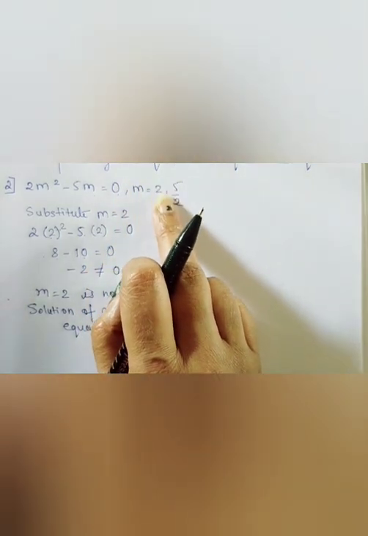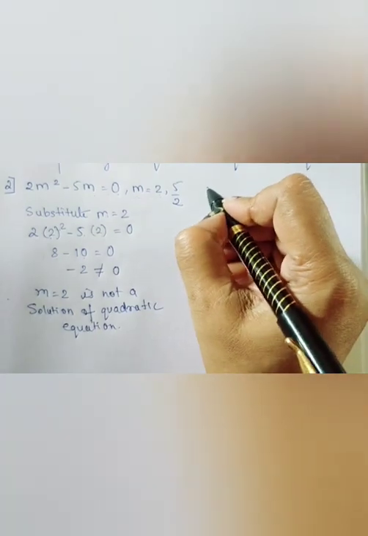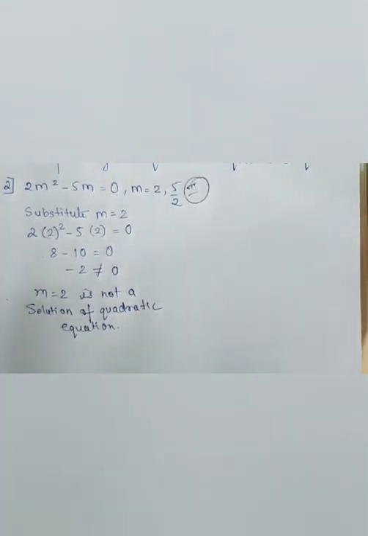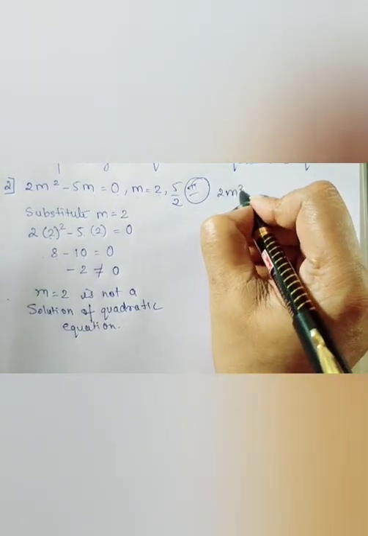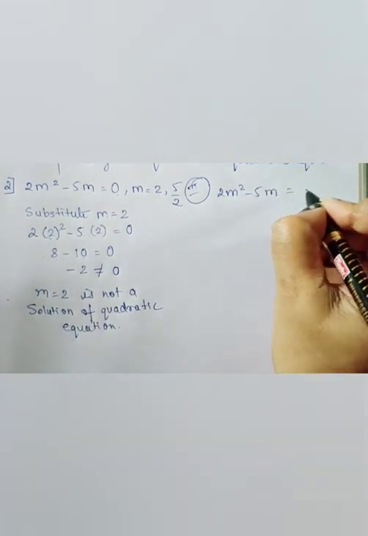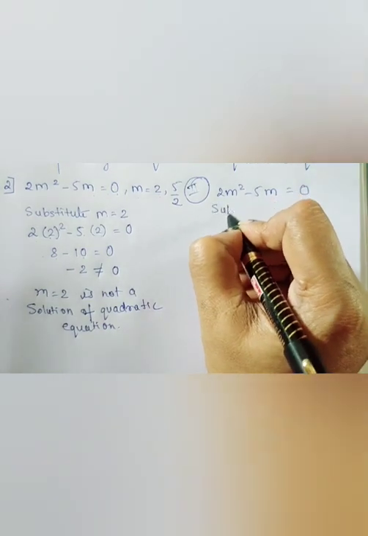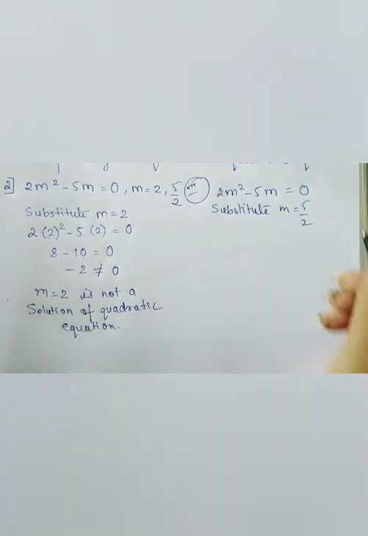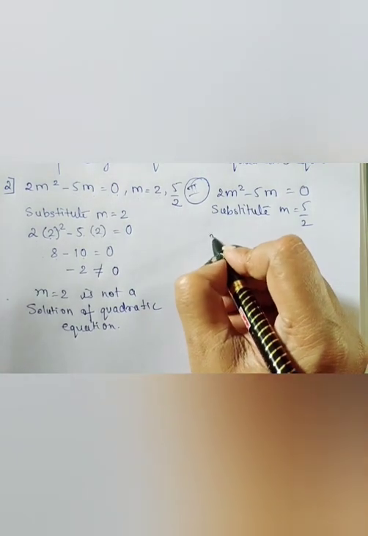Now we are going to solve the second one. First I'm going to write here 2m square minus 5m equal to 0. Substitute m equal to 5 upon 2 in the given equation.